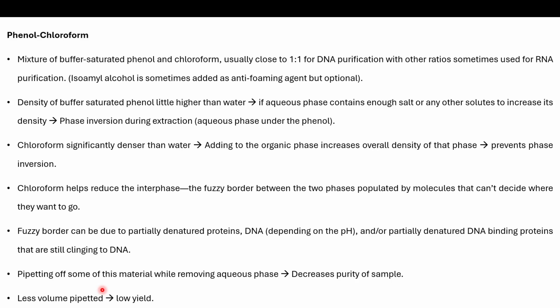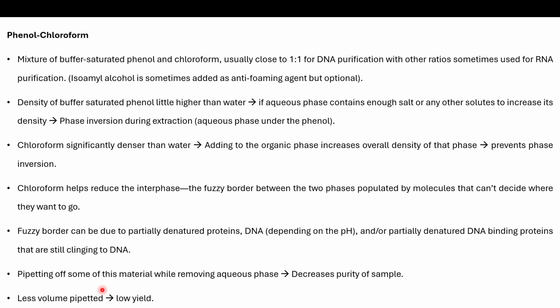Now DNA has moved to the aqueous phase. Suppose you are interested in purifying DNA. Now you have to very carefully take the aqueous phase out. These extractions are usually done in small tubes, though not necessarily always; it can be larger tubes as well.